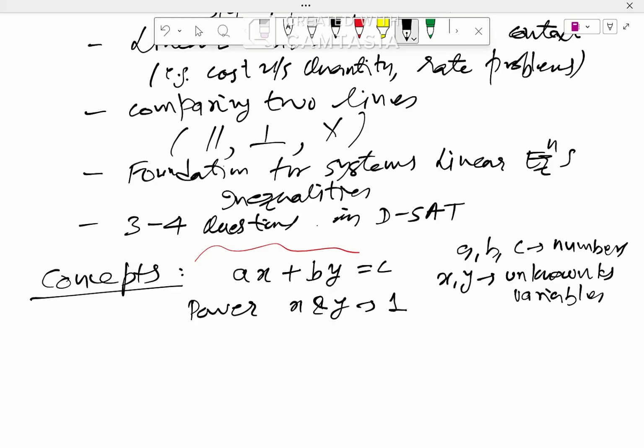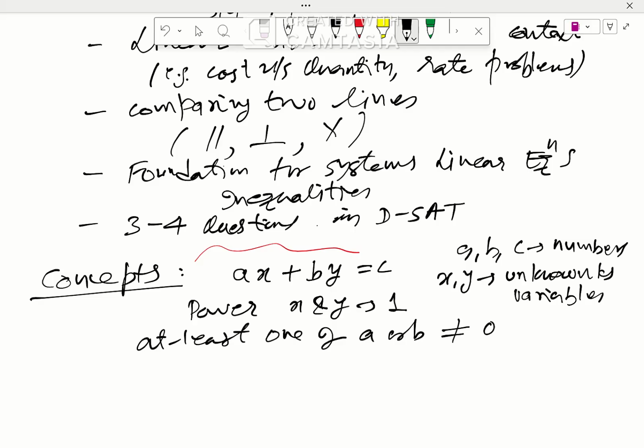And there is one other condition: at least one of a or b should not be equal to 0. At least one of them should have some value. If a is 0, b can't be 0. If b is 0, a can't be 0. Otherwise it will not be a linear equation at all.